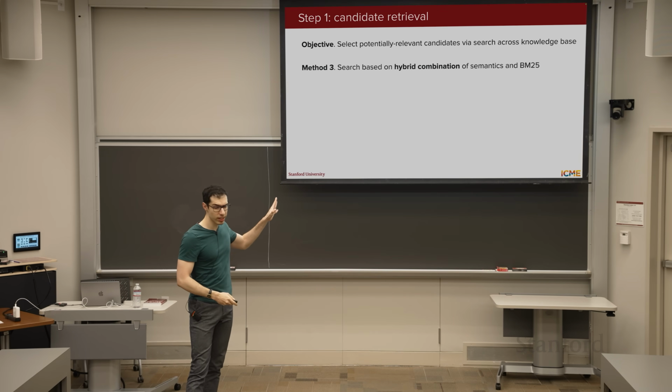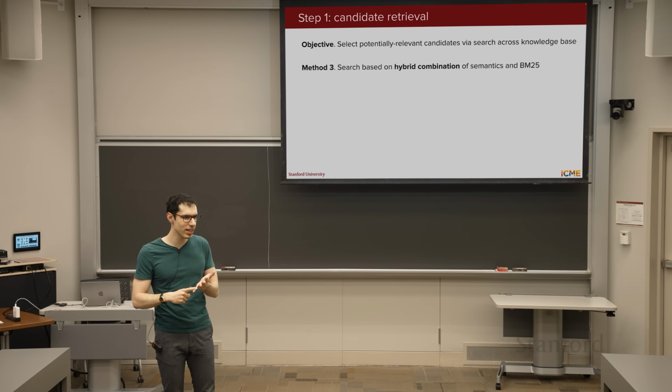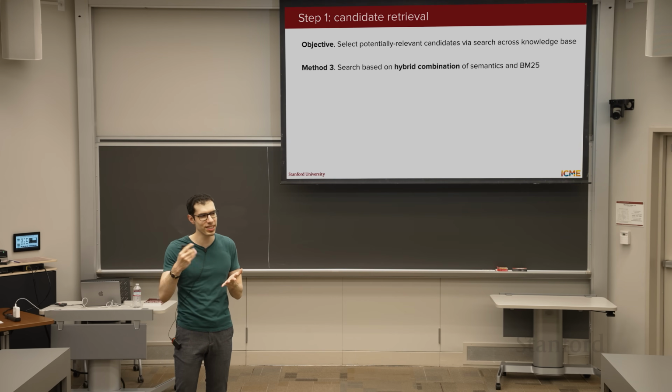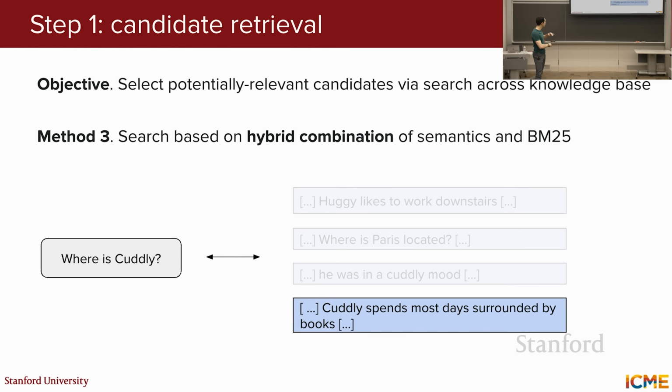So some people go with a hybrid combination of this embedding-based search and the heuristic-based search, some combination of embeddings and BM25, in which case you may have even more relevant documents, depending on your use case. Does that make sense? Yeah?